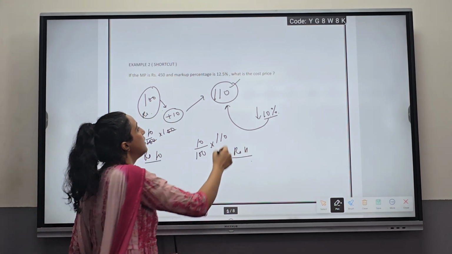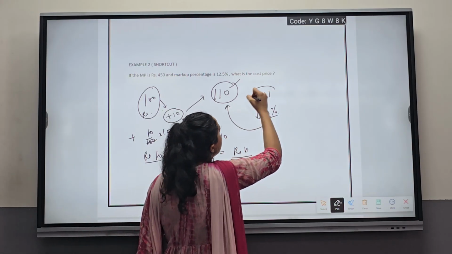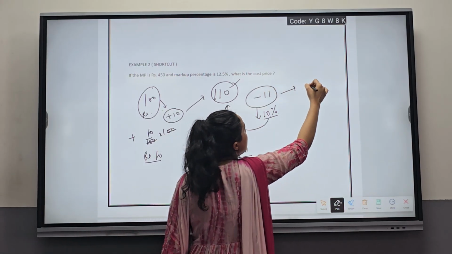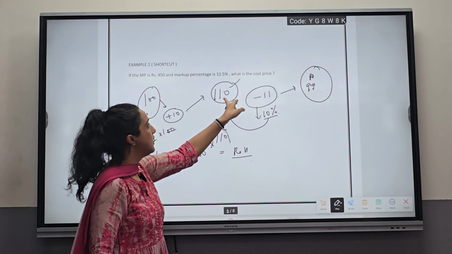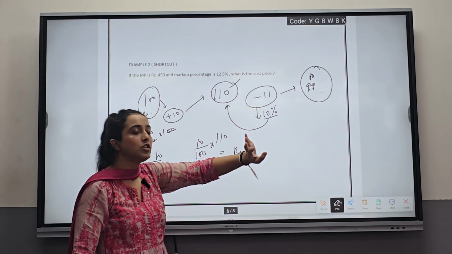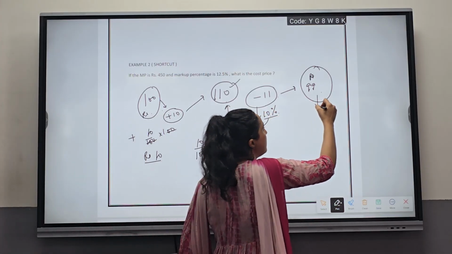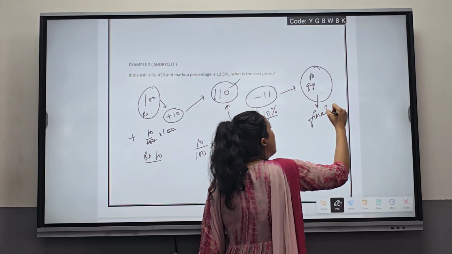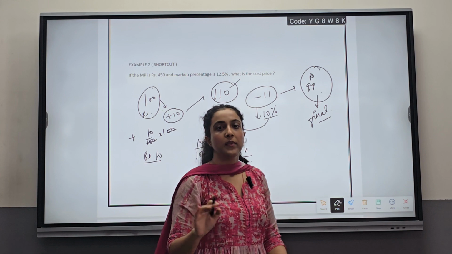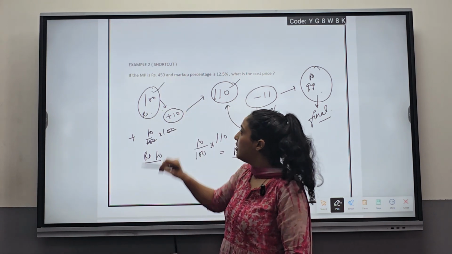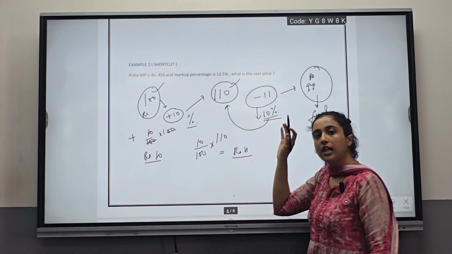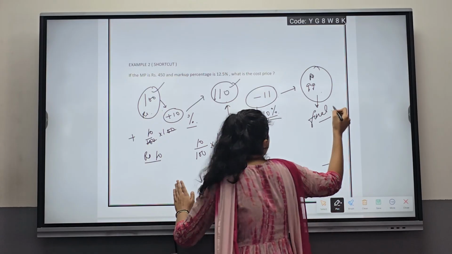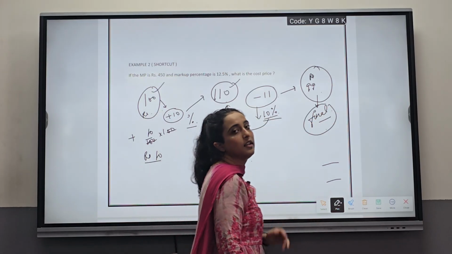So you want to reduce 11 rupees from this. 110 minus 11, you will get rupees 99 as your final amount. So you started with 100, you increased 10%, you decreased 10%, the same percentage, and even then your final amount has decreased.